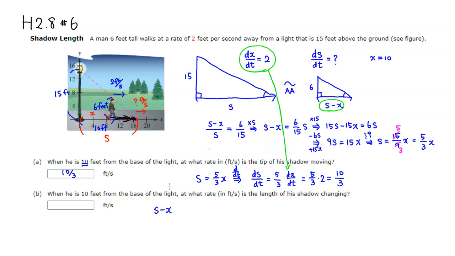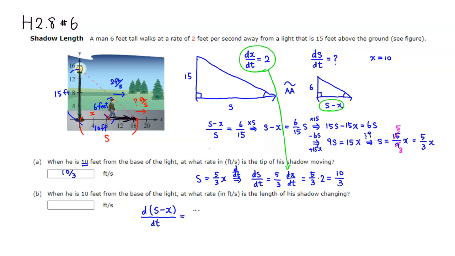Then we're looking for the rate of change of that, so we're looking for d(s minus x) over dt. This is just the derivative of s minus x with respect to t.